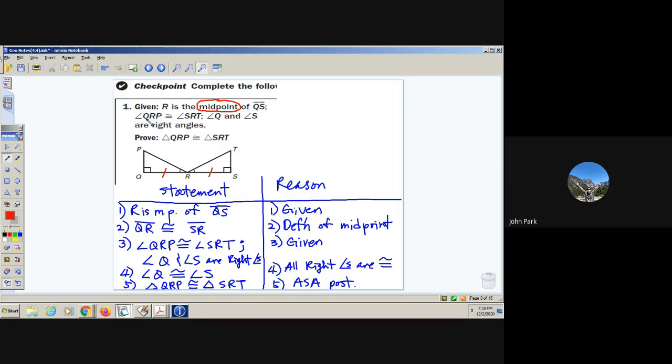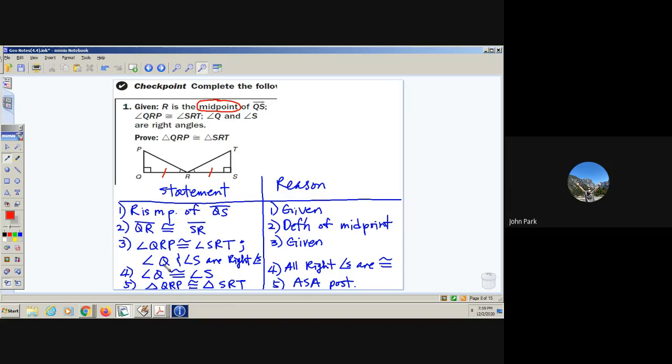Now we're also given, and I just copied this down here, that angle QRP is congruent to angle SRT. I also copied that angle Q and angle S are right angles. So I just copied the given information. I marked here that angle QRP is congruent to angle SRT. So it's already marked here. Those are congruent, and I just wrote it down.